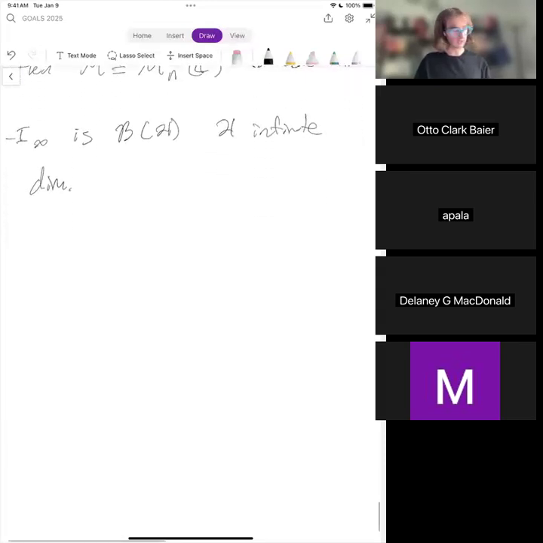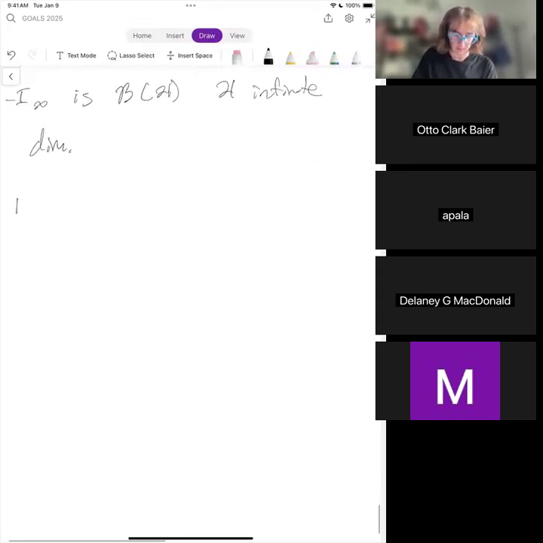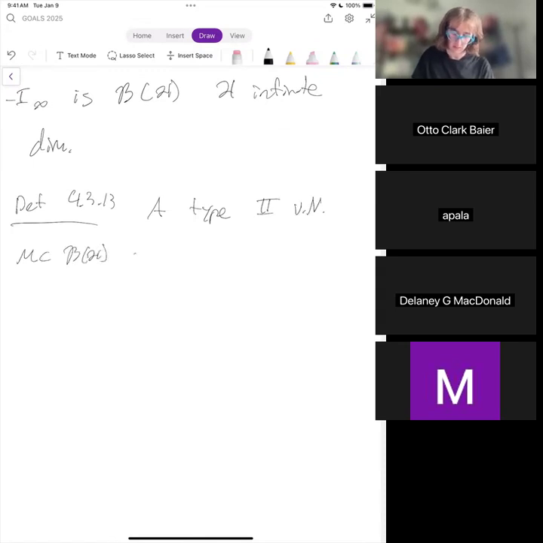So I guess I'll quickly say something about type 2 von Neumann algebras. A type 2 von Neumann algebra is type 2, 1 if it is finite.